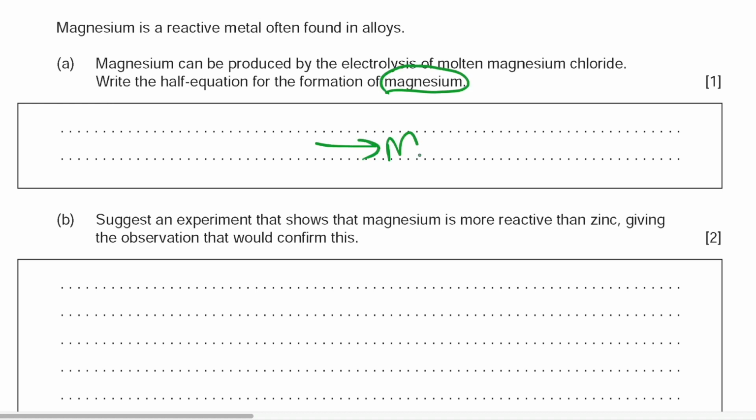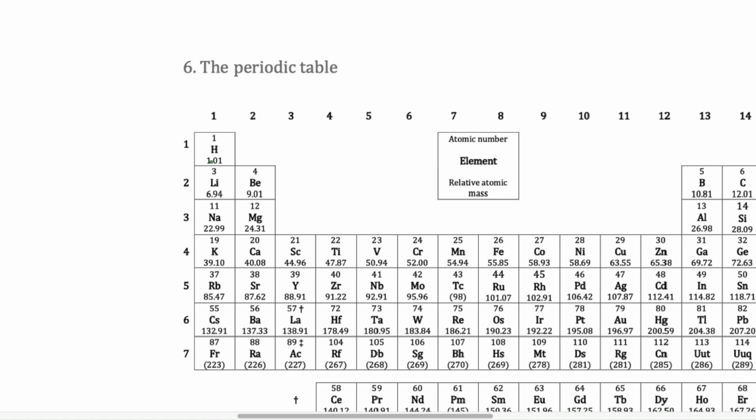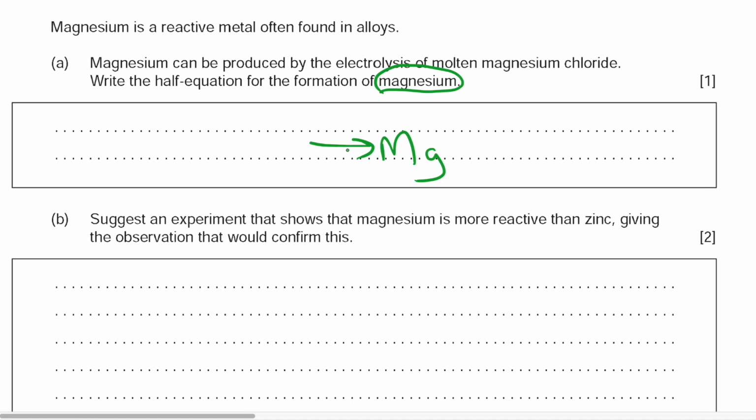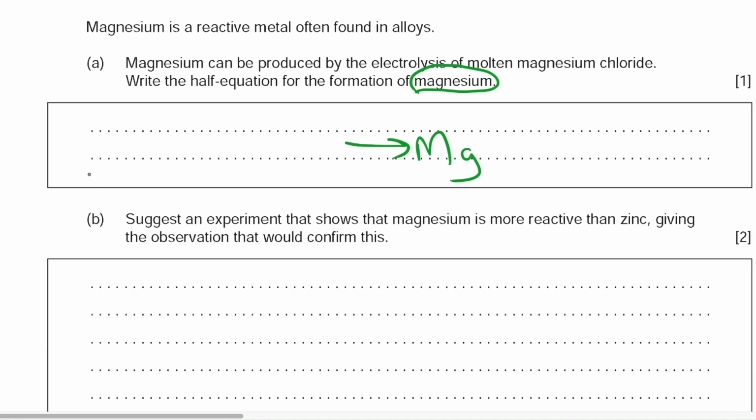So the product will be magnesium, and we want to write a half equation. So you can use the periodic table to solve the problem. Because magnesium belongs to the second group, it's going to have a charge of 2+. So here it needs to lose 2 electrons to become magnesium, right?